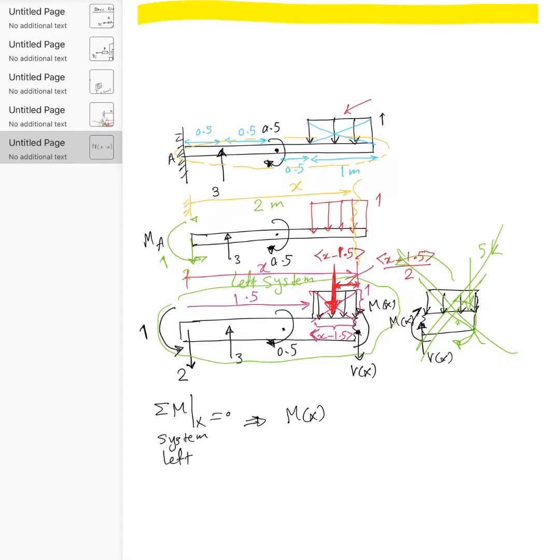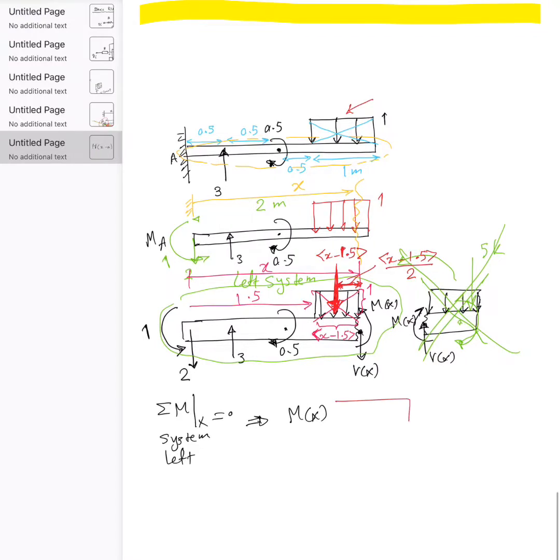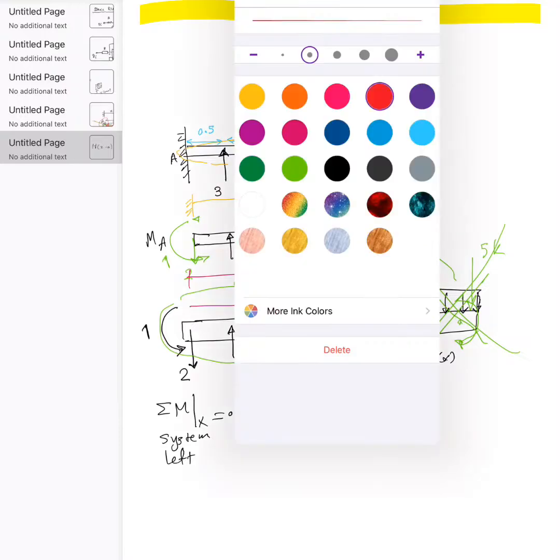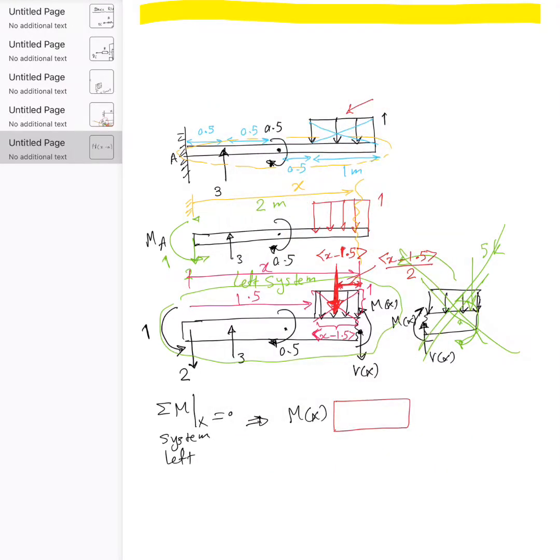So if I want to add it right here in this box, what should I write? I should say the moment arm times the value of the force. So the moment arm is Heaviside x minus 1.5 divided by 2 times the value of force. So the total thing becomes half of Heaviside x minus 1.5 squared.